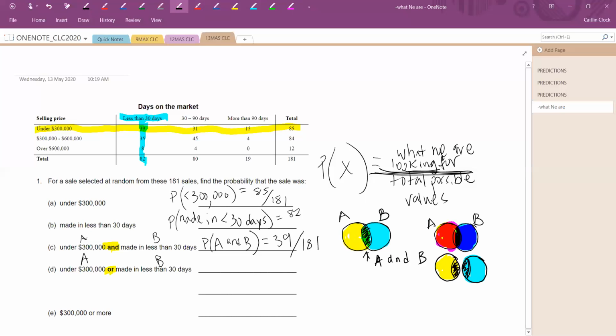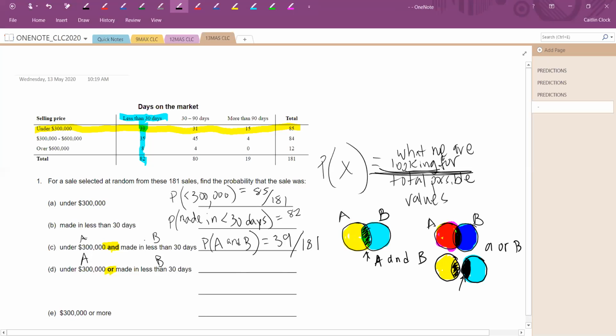I've counted it twice, so I have to take it away once. So it's A and B, minus this piece in here. That makes sense? So that's A or B.